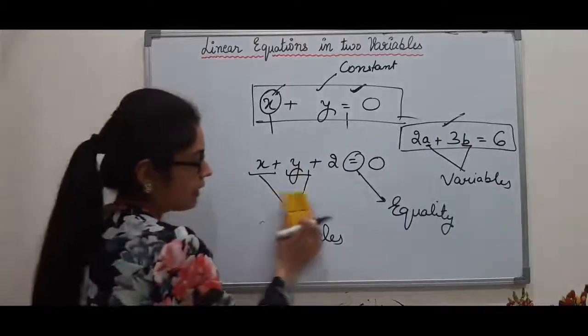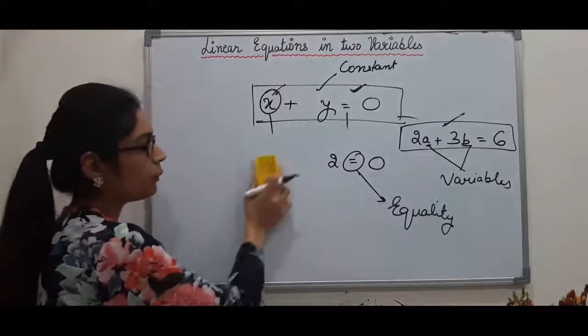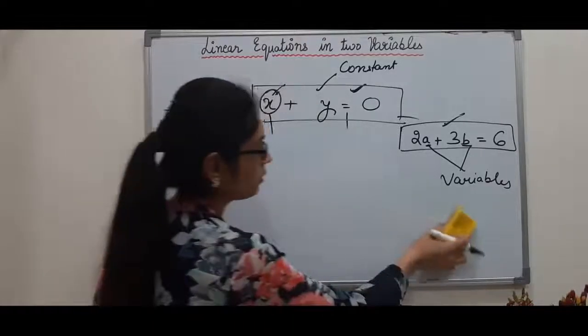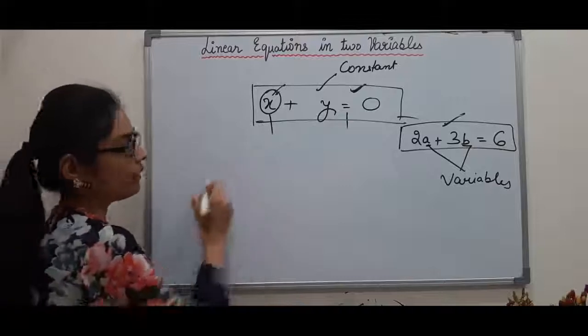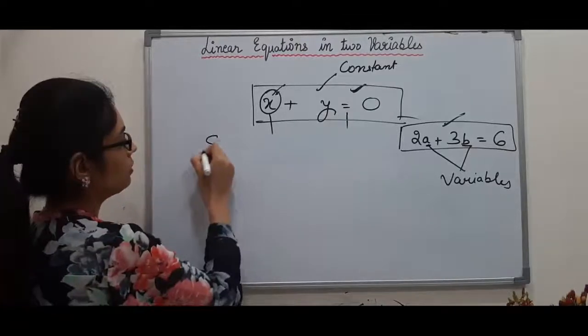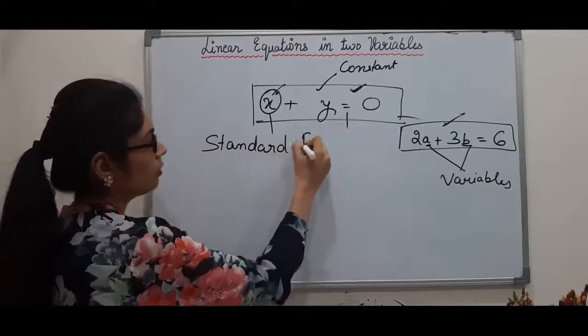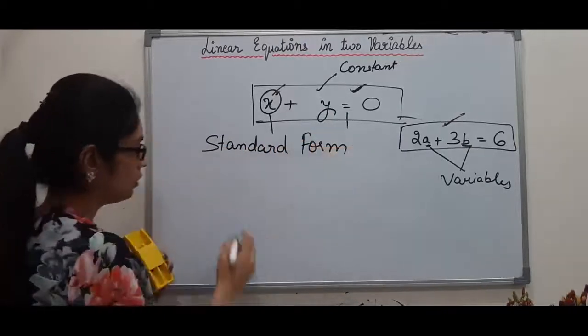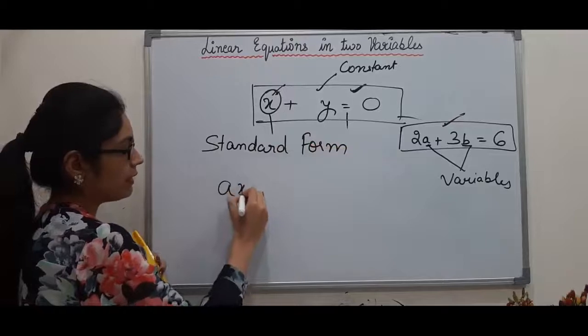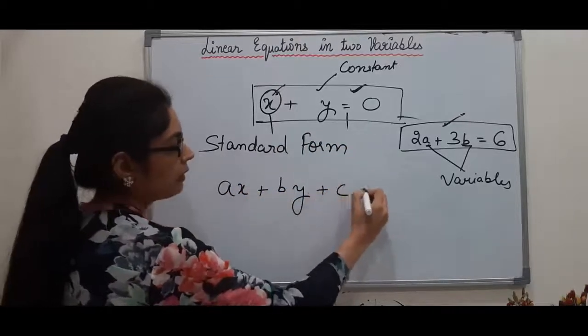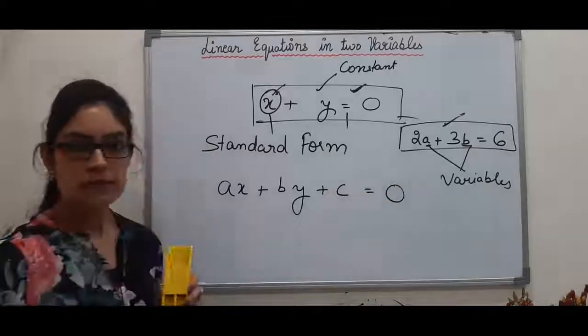One standard form is there for how to write this equation, so you should know that also. The standard form of this equation I will write as ax plus by plus c is equal to 0.